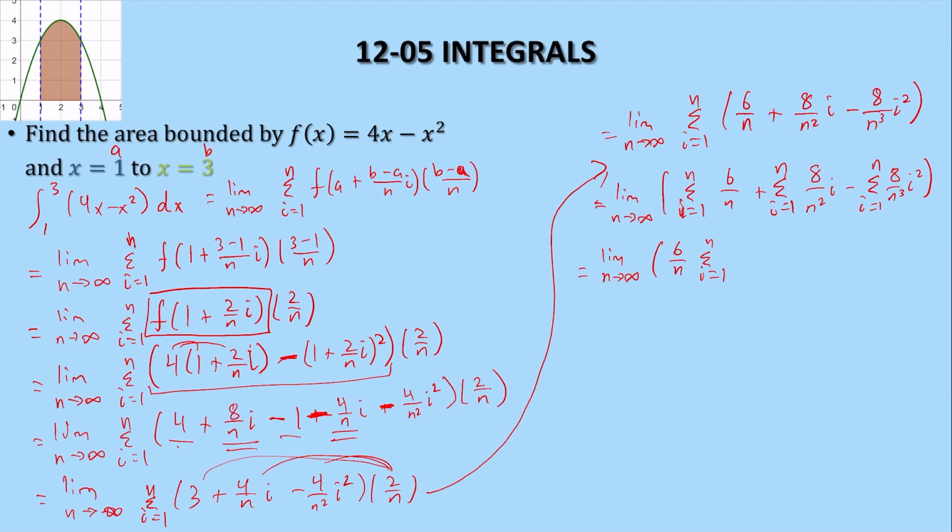If I factor out 6 over n and that's all that's there, it's just a 1. Next one, I can factor out the 8 over n squared, leaving i. Then the next one, I can factor out the 8 over n cubed, leaving i squared. I'm running out of space, so we're going to continue this on the next slide.